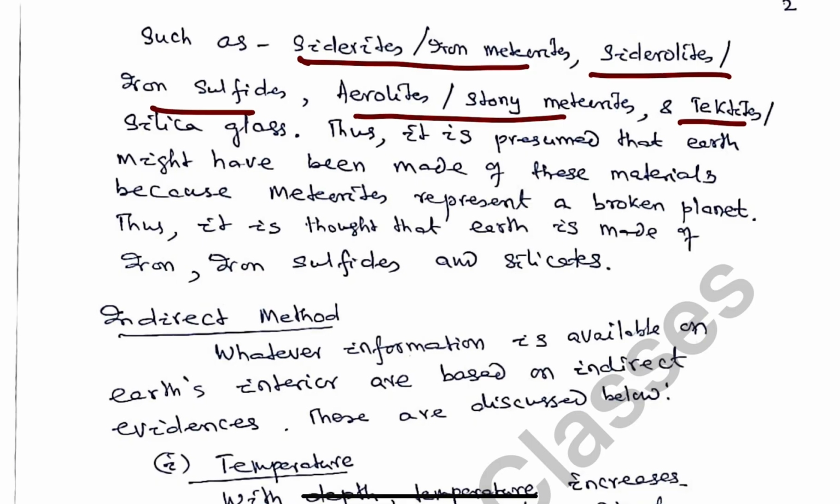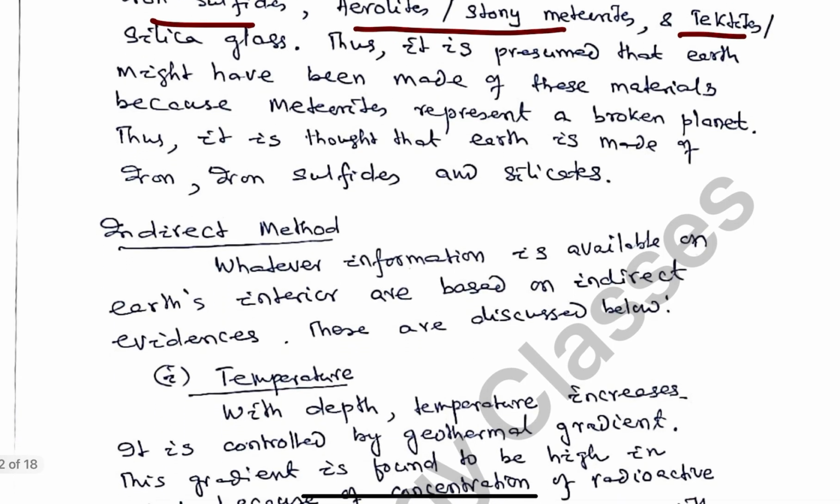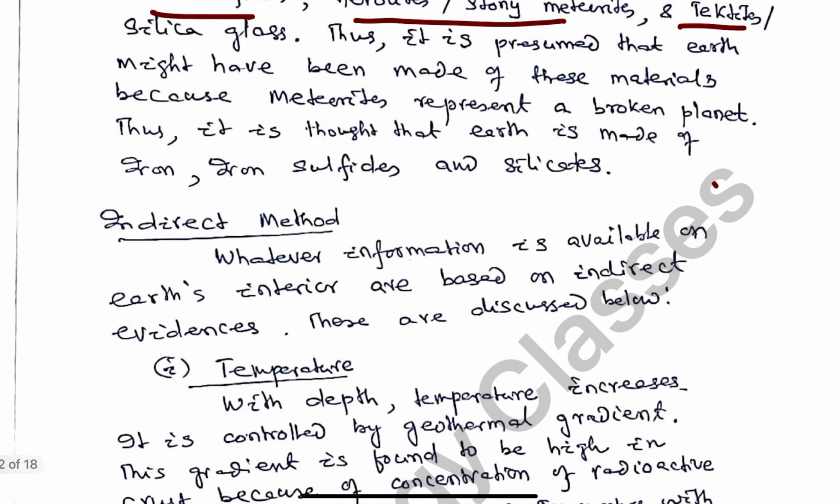That knowledge is the direct knowledge about the Earth's interior. So all the evidences that we know about the Earth, which is a big sphere having a radius of about 6371 kilometers, such a great depth, such a great distance, whatever information we have got, they are all based upon indirect evidences.